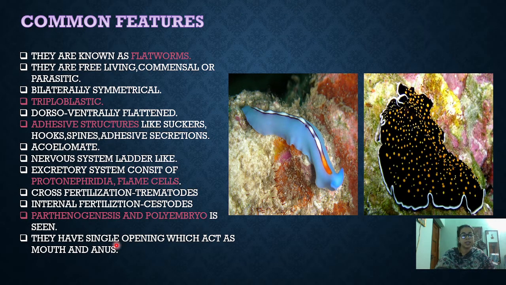They have a single opening which acts as mouth and anus. This is also an interesting feature of this phylum, that the single opening acts as both the excretory as well as ingestion organ, that is, mouth and anus are present as a single opening.